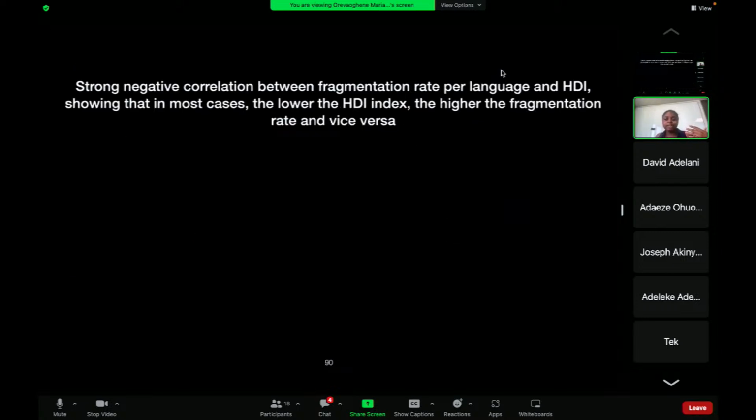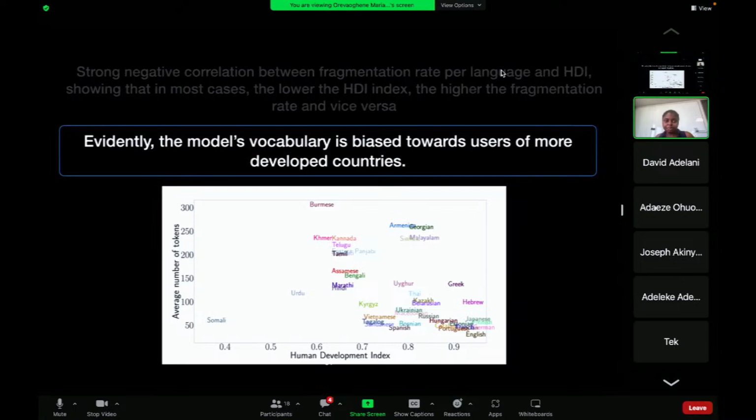And typically a lot of developing countries usually have lower HDIs. And then we see very strong negative correlations between fragmentation rates per language and HDI. So in this plot here, we took the top country in which a language is spoken, and then we computed fragmentation rates. And then we try to correlate this with the HDI of that country.